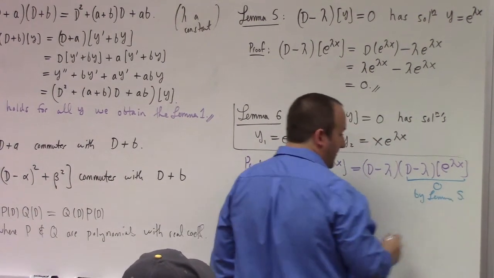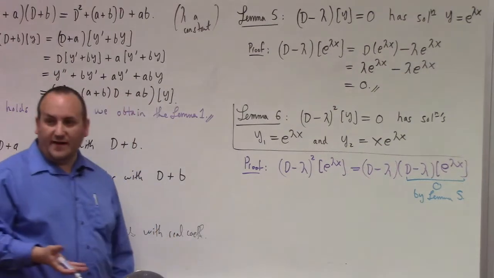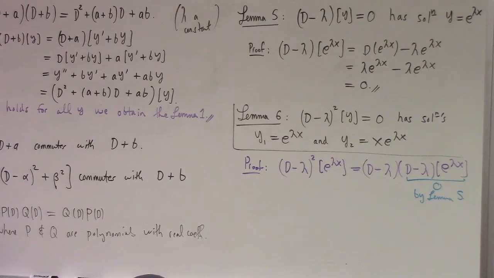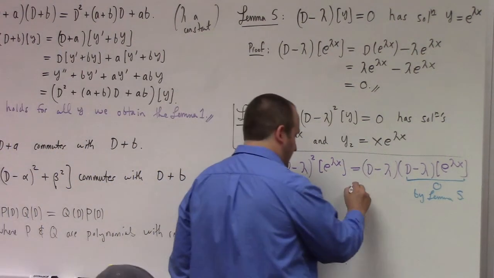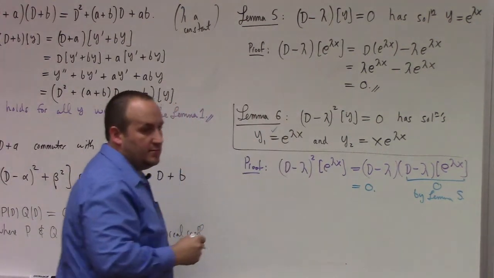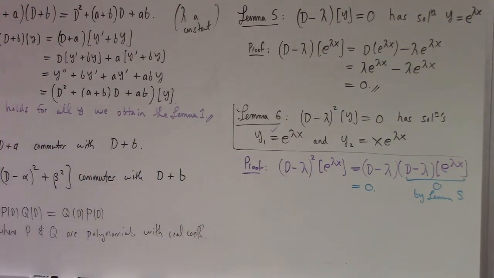Yeah. Fun fact, if you feed the linear operator 0, guess what you get back? You get back 0, all right? These polynomials in the differentiation operator, these are all linear operators, all right? So this is 0. So again, woohoo, y1 is a solution.